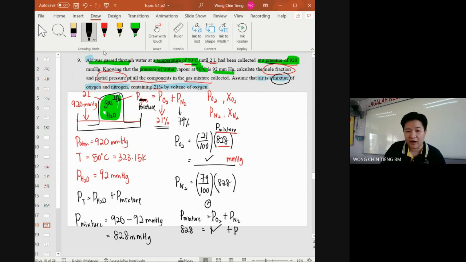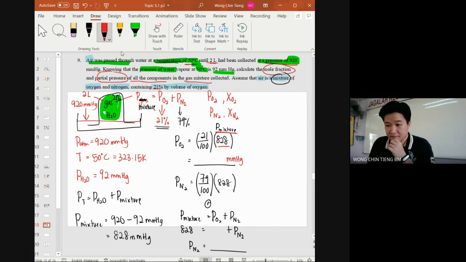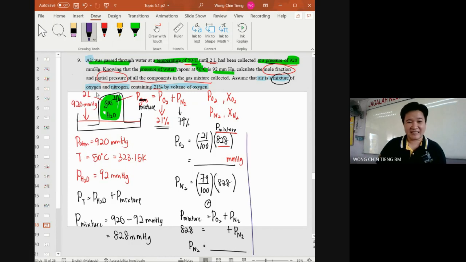Therefore, you can find the partial pressure of nitrogen. Bijak sikit dah. Okay. And Safan and Aiman, can I have the partial pressure of the oxygen? Baru nak kira. Tak nak bagi jawapan, kira sendiri.